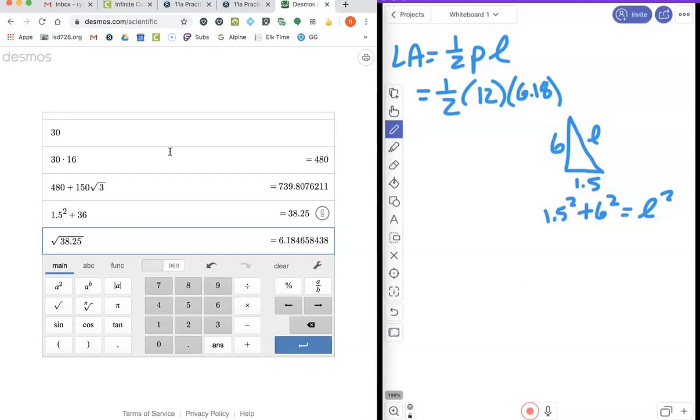Okay, so I'm going to multiply that times 1/2 and times 12. Well, 1/2 times 12 is just 6. I'm going to multiply that by 6. So the lateral area of this one is 37.11. We'll round that to the nearest hundredth for that part. So that's lateral area. Base will be really easy then.